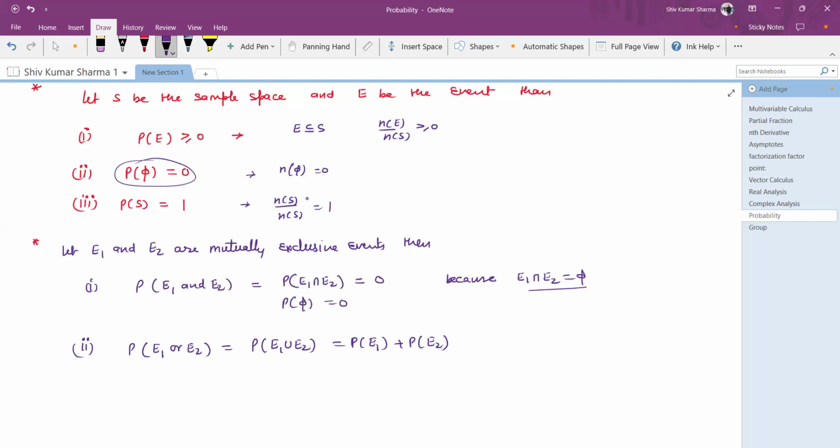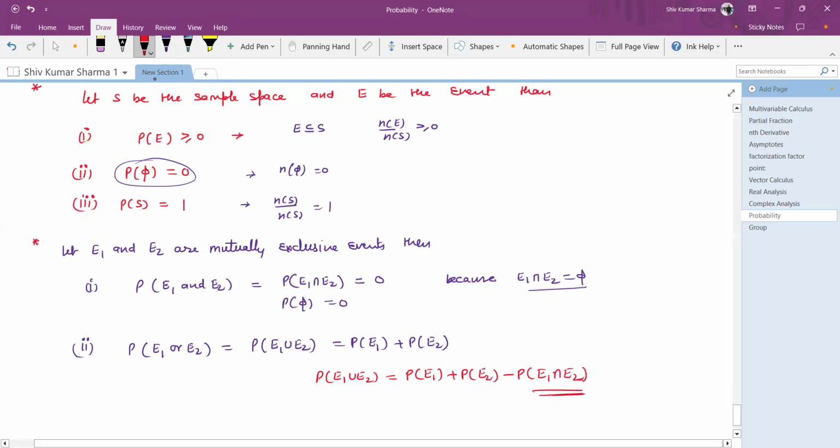We can use this by using the addition theorem of two events. You know what the addition theorem of two events is. We have the probability of E1 union E2 equal to P(E1) plus P(E2) minus P(E1 intersection E2). For mutually exclusive events, this will be 0.